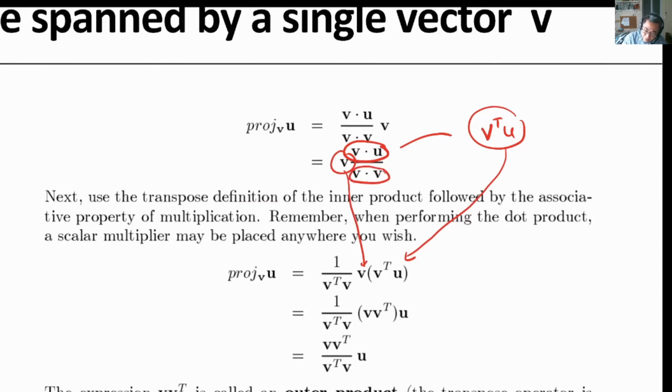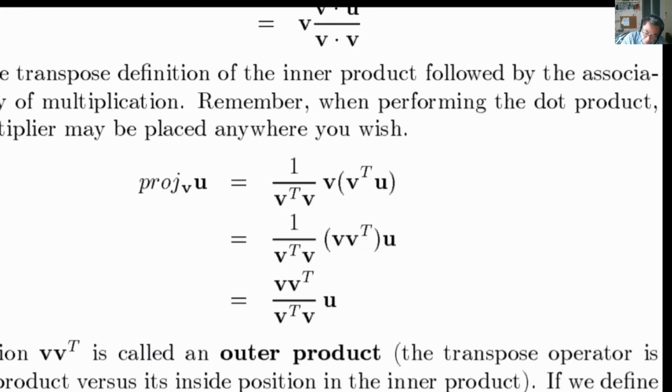V dot V is also written as V transpose V. So basically, we are going to change the order of the braces. And now we have moved V transpose on the numerator, V transpose V on the denominator, multiplying by U.